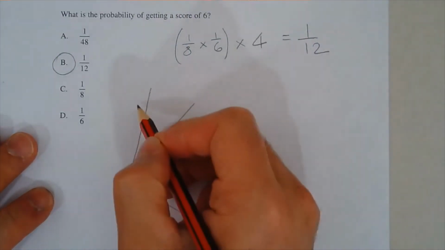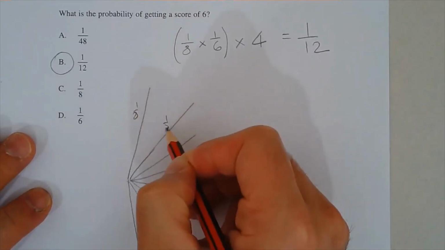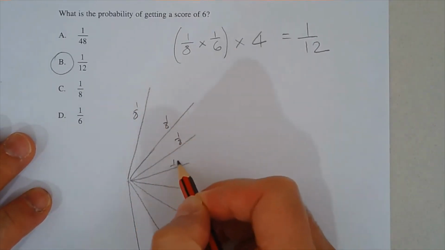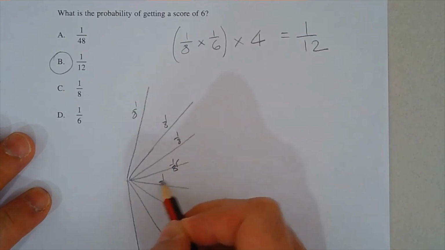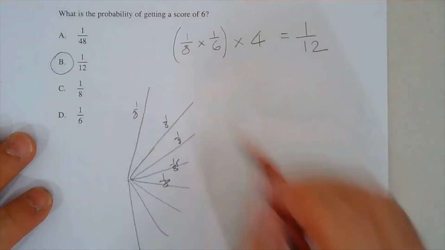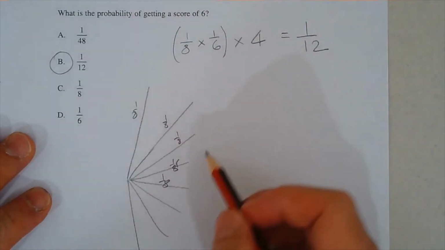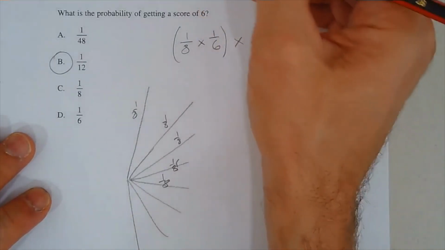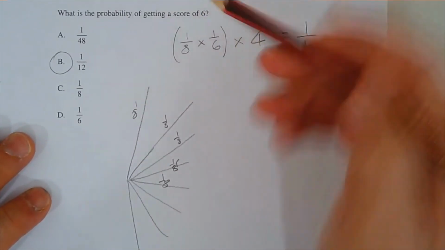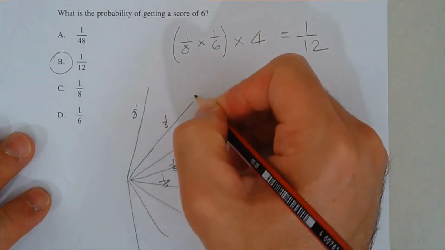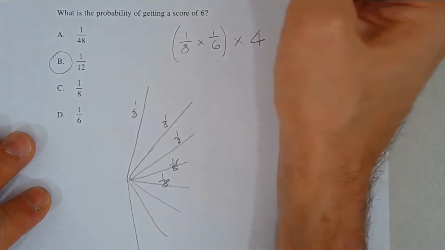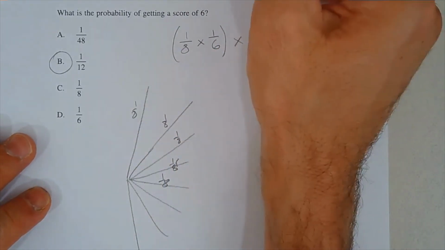Each of these is a 1/8 chance. These are the squares, one of the 8 squares, and so on. Now, there's only 4 that we're interested in, 1, 2, 3, 4, and we need to either roll a 1, a 2, a 3, or a 6.